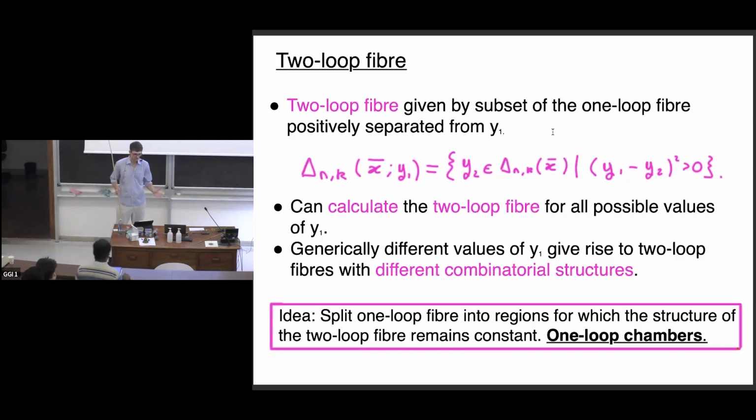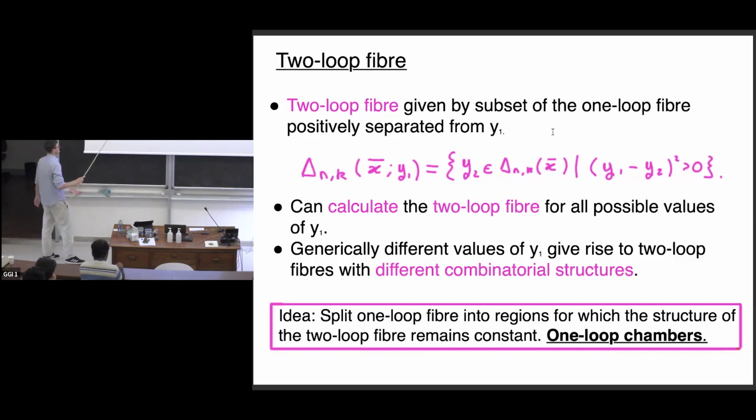So now we do the same as before. So let's fix tree level now. This defines for us a one loop fiber in which Y1 lives. And as I scan Y1 around the one loop fiber, I compute the geometry for the 2 loop fiber. And generally, as I move it around, its combinatorial structure is going to change.